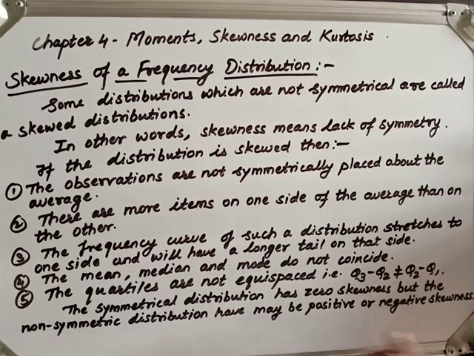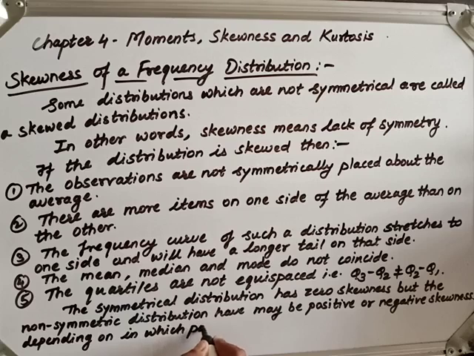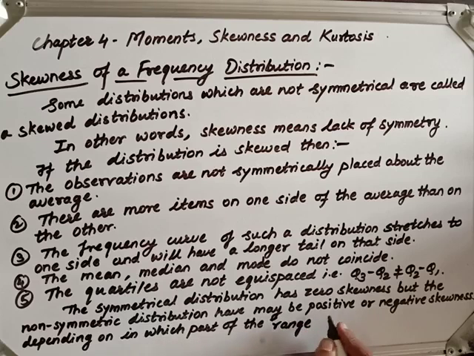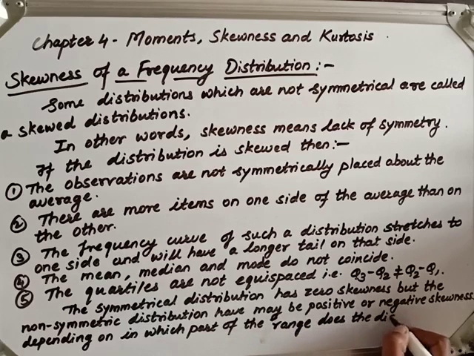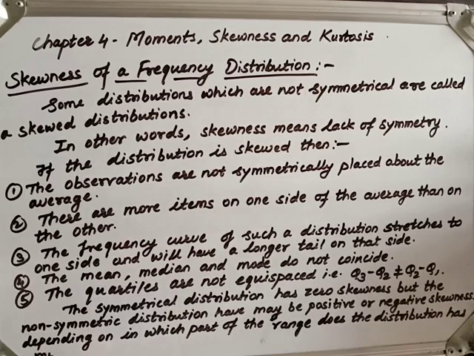This depends on in which part of the range the distribution has more density of observation.